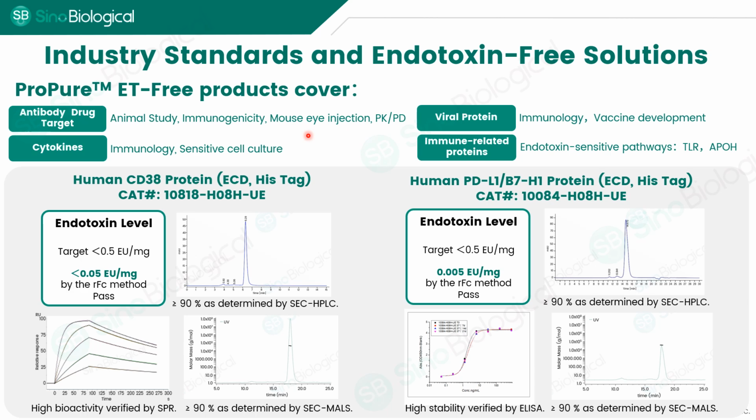In addition, we have endotoxin-free cytokines, which are good for immunology studies as well as sensitive cell cultures. Beyond that, we also cover other endotoxin-free immune-related proteins. If you are working with endotoxin-sensitive pathways using TLR protein or APOH protein, we also have the solution.